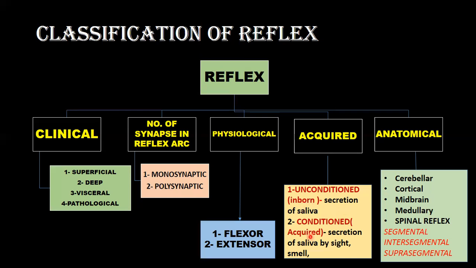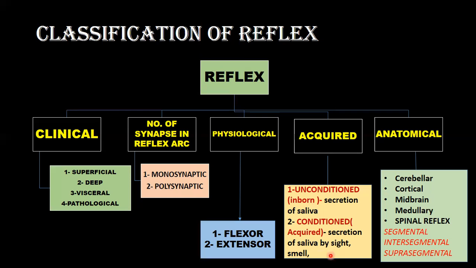When we talk about conditioned, it means the acquired. It is a type of reflex that is developed after training or when the person is in adulthood, after the learning procedure or after a certain point of training. So if I put a delicious food in front of a person, he or she starts salivating by seeing it or by the thought of it.